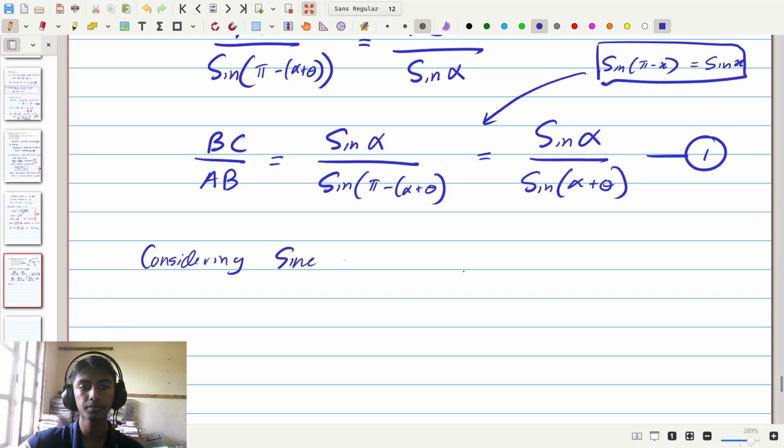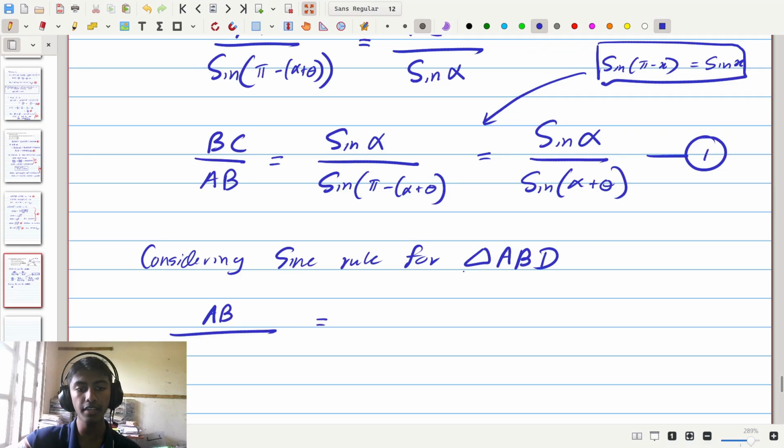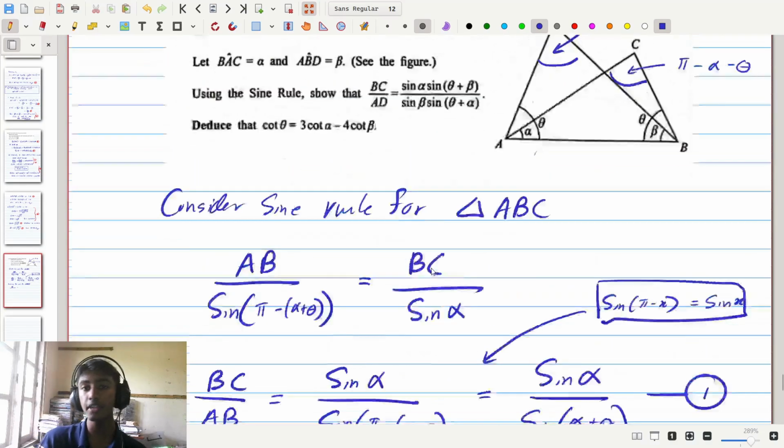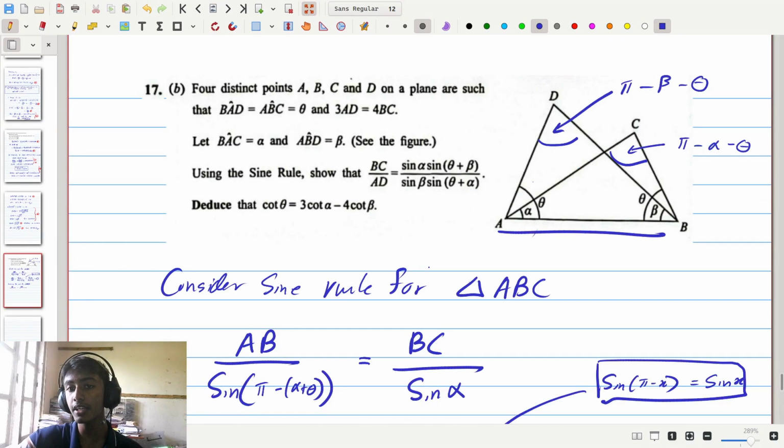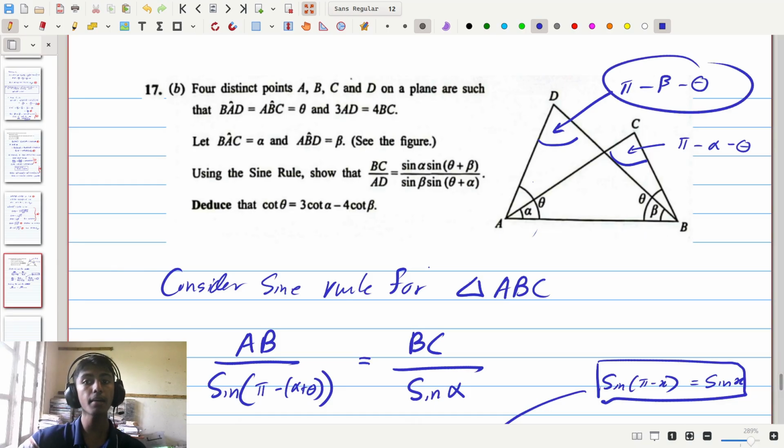So therefore, if we apply this now, we can say, considering the sine rule for the second triangle, for triangle ABD, what we want is AB divided by AD. In order to do that, we're going to do AB divided by its sine value and AD divided by its sine value. If we consider the AB here, the angle opposite is going to be pi minus beta minus theta.